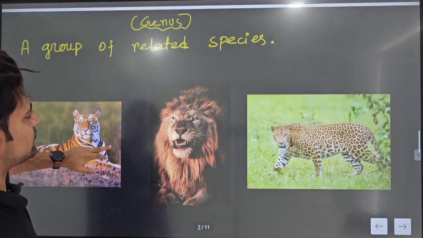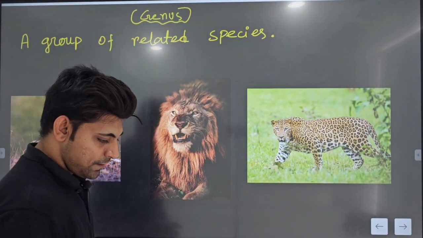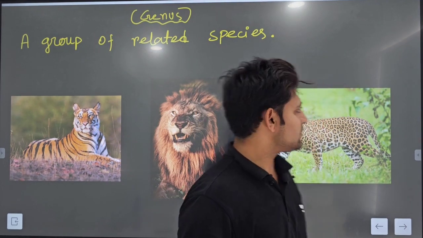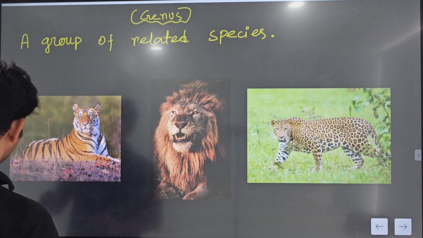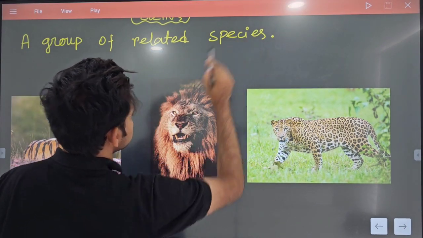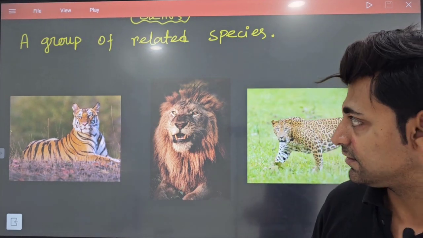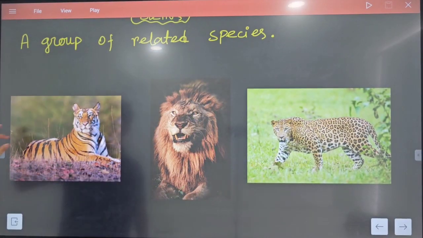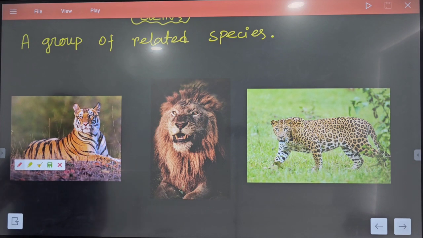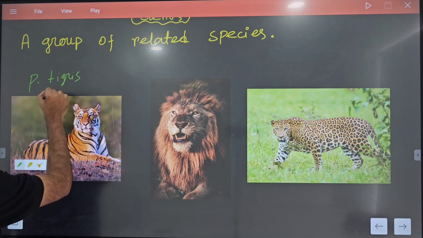Next, genus, one step ahead of species. Genus means a group of related species. Now these three are different species. This is Panthera tigris.